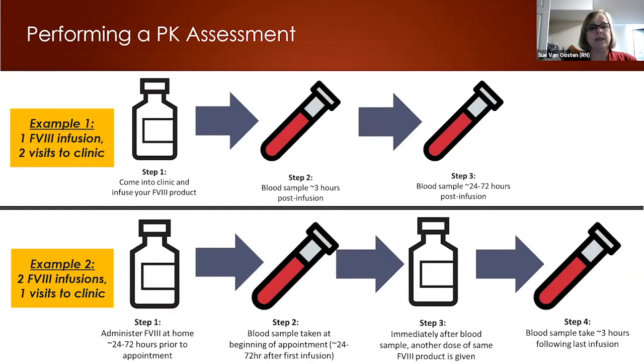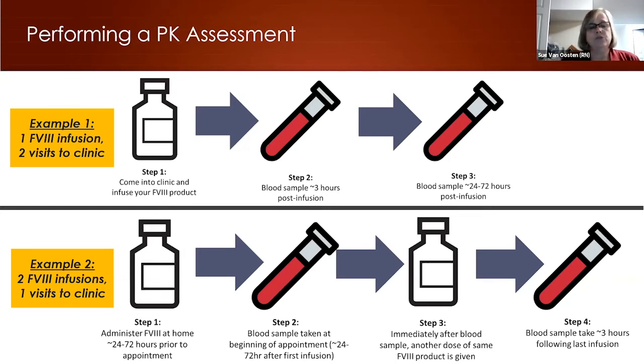There's two ways to do a PK assessment. So if you are on prophylaxis and you come into our clinic, you can bring a dose. If you haven't had a dose for 2 or 3 days, we don't ask for a washout period anymore, because that was at a time where we wanted you to have 0 coming in, and then we would start from scratch.